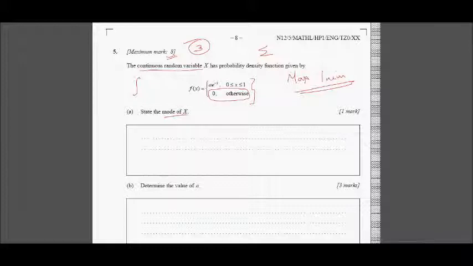That's what we do. But that is what is important for this question, because the mode of x is nothing but the value of the function which occurs the maximum number of times. So if you have the number line, it's just 0 to 1, which is a e power minus x.